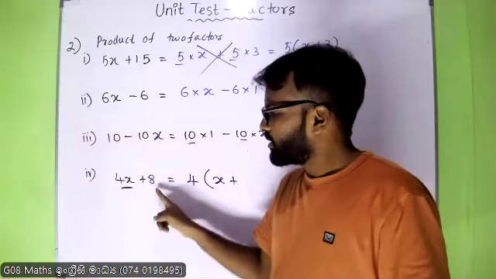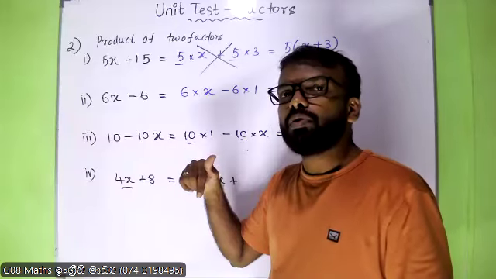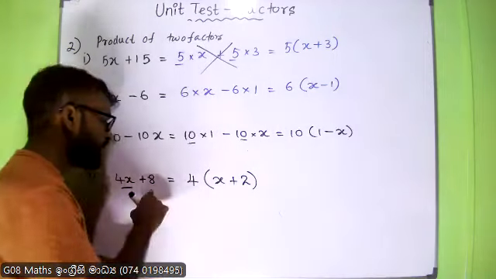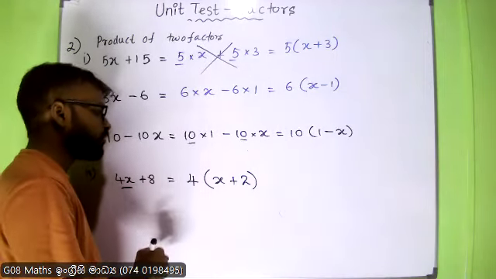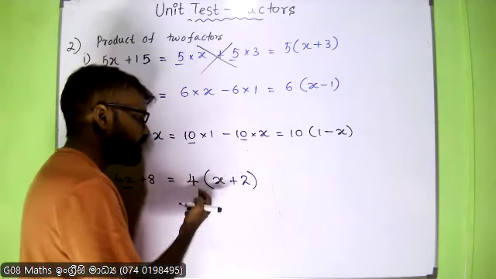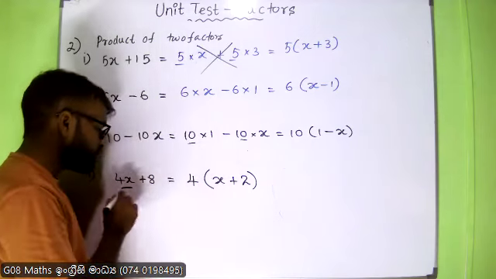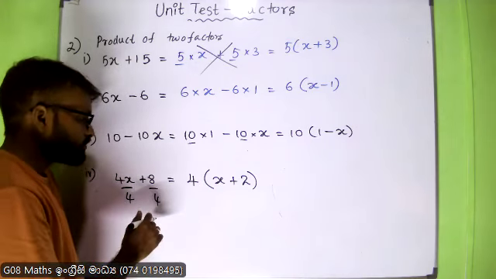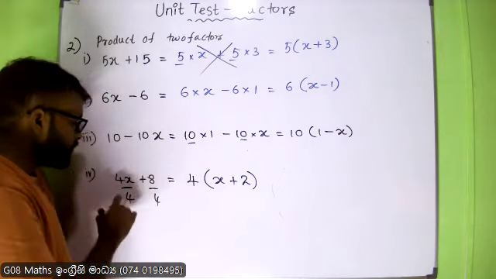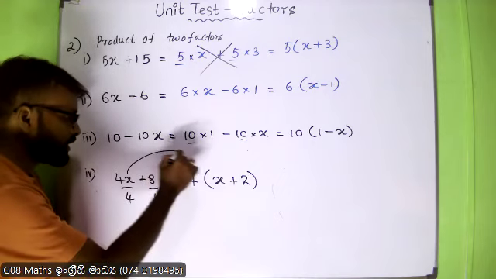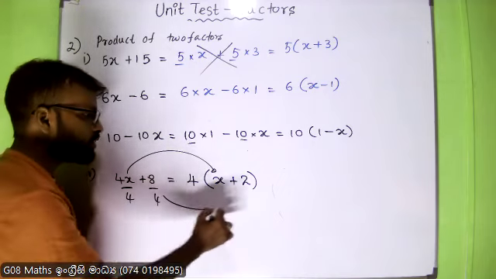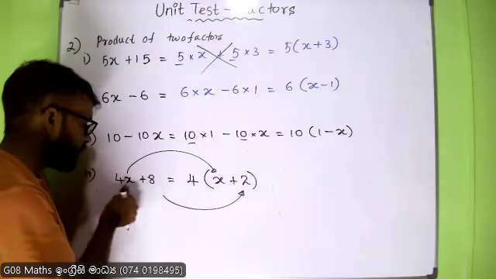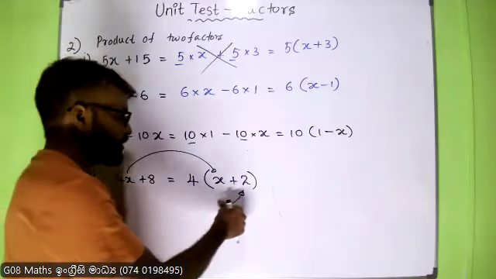You are going to divide. 8 divided by 4 is 2, that means 4 times 2 is 8. If you take 4 out, you divide each term by 4, so you get x here and 2 here. That is how you get this answer directly.